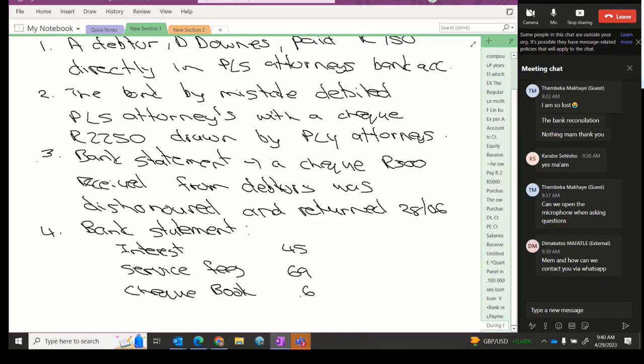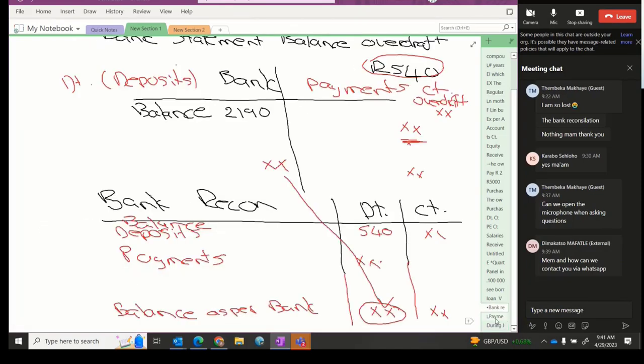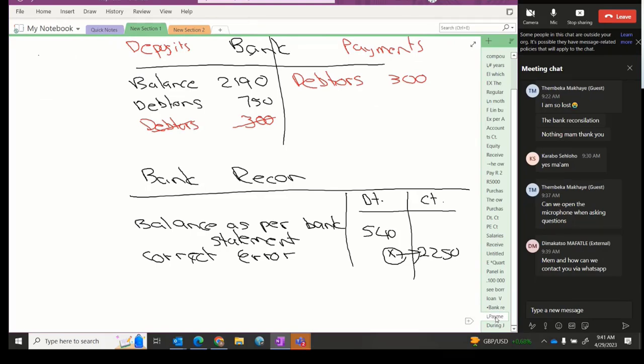Just to show this one quickly, on the bank statement you'll usually see there's fees. Everyone has got a bank account. If you go to your bank at the beginning of the month, there's a quick 100 or 200 Rand just disappearing. The bank is not shy to ask for their fees. It's the same with this. On your bank statements, interest is obviously an expense. Service fees and the checkbook are also expenses, but you must show them in your bank account.